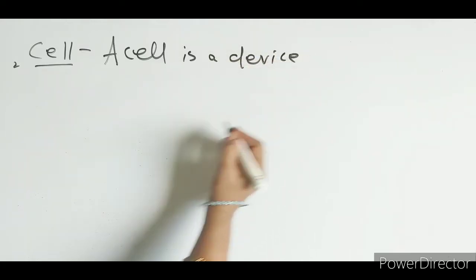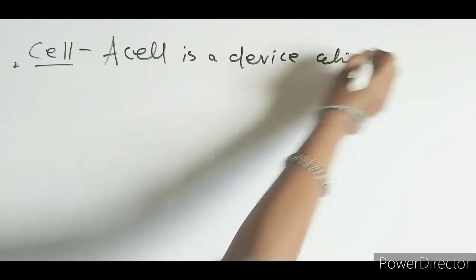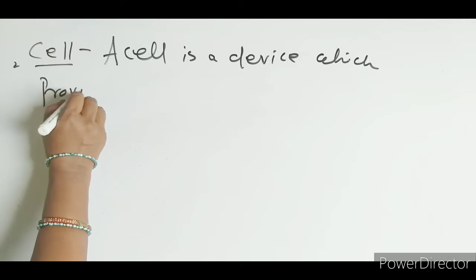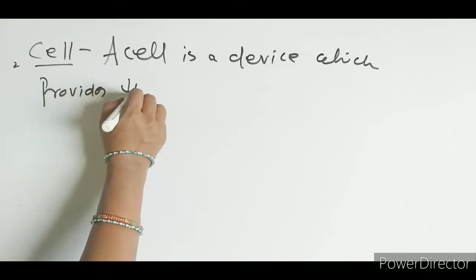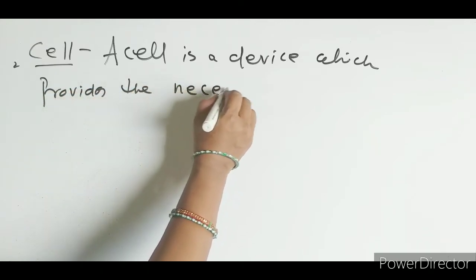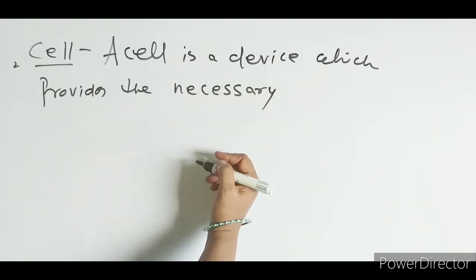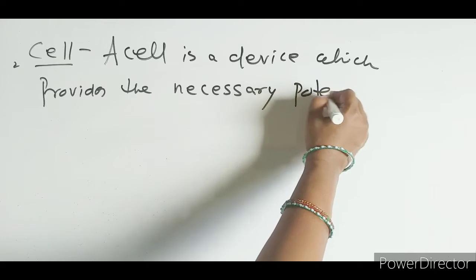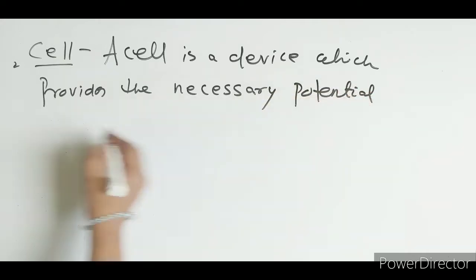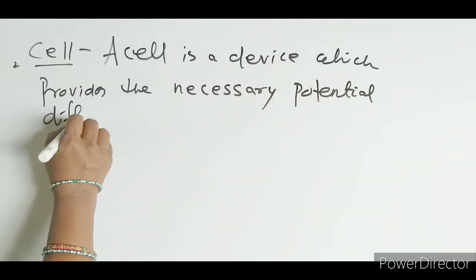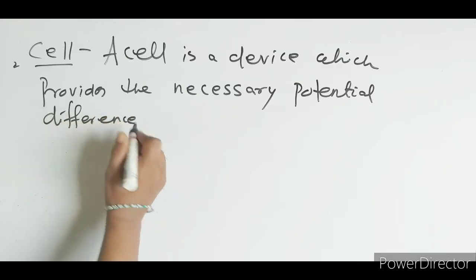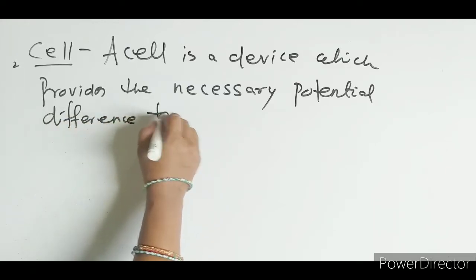A cell is a device which provides the necessary potential difference to an electrical circuit.